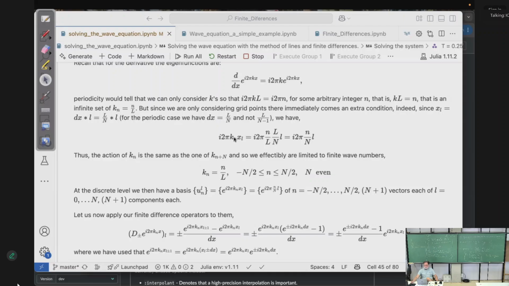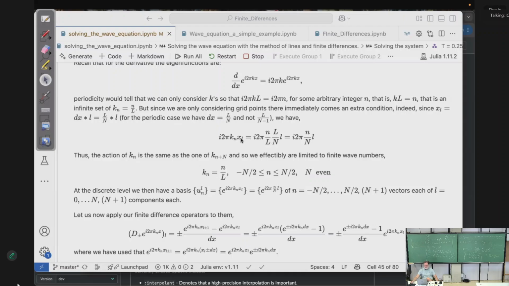Also notice that k is n over L. If you take n too big, you will go all over and wrap around: for n big enough, you get the same value that the function had before. So the number of functions in the grid is finite.